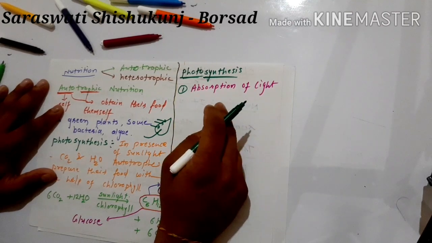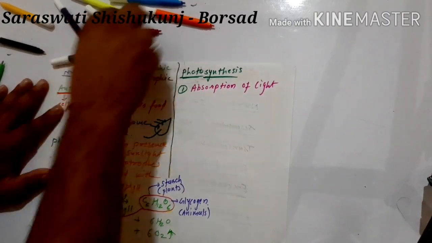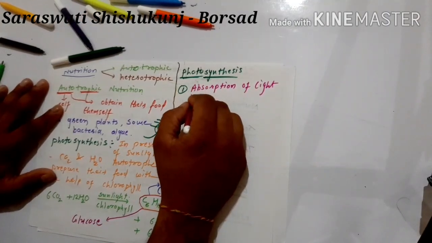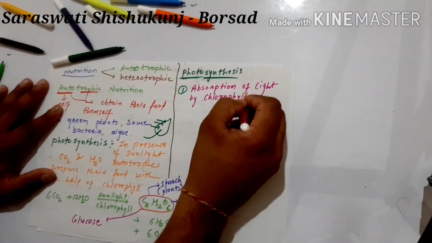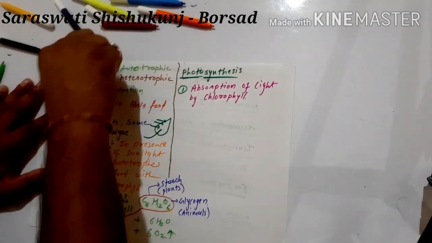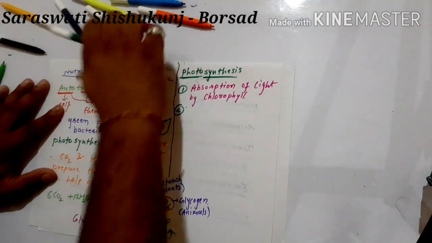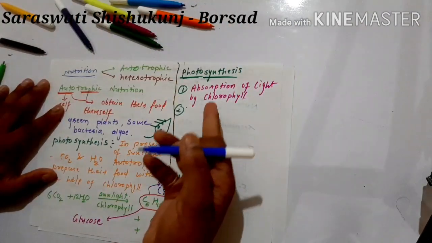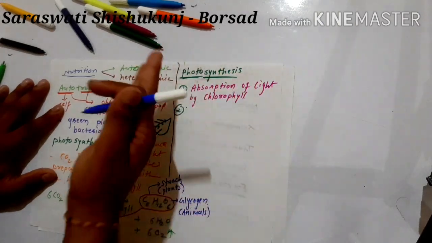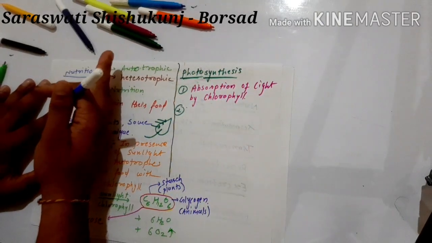Absorbing of light energy is done by chlorophyll, which is present in plants. The second step: as the sunlight is absorbed by the chlorophyll, that energy will be converted into chemical energy.